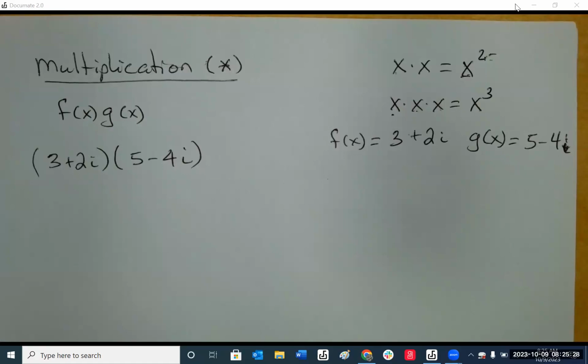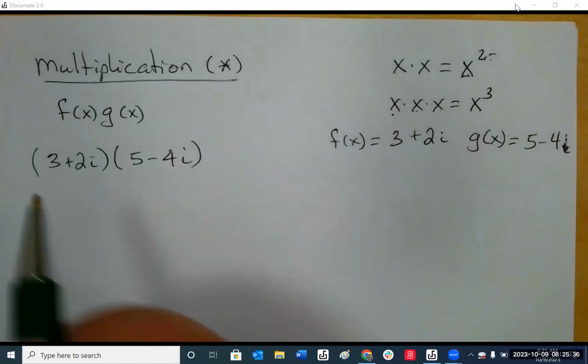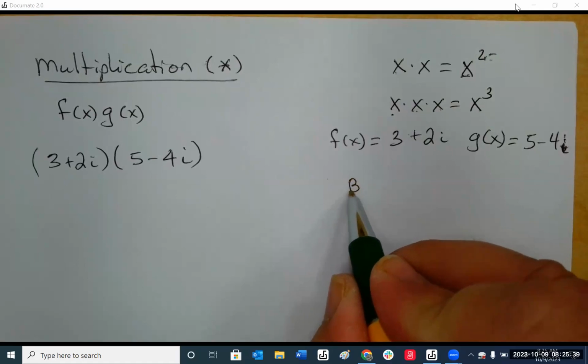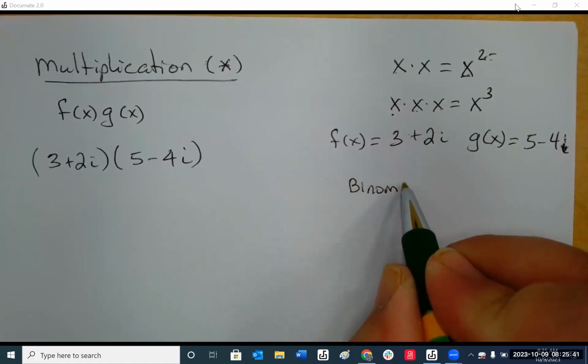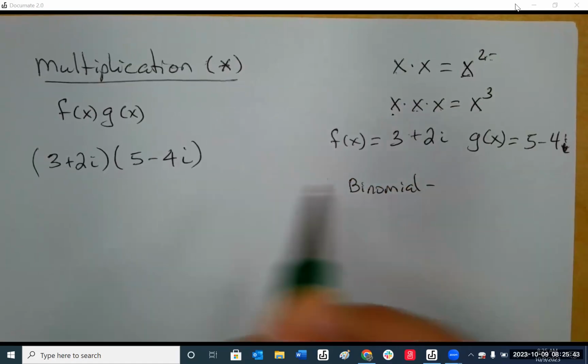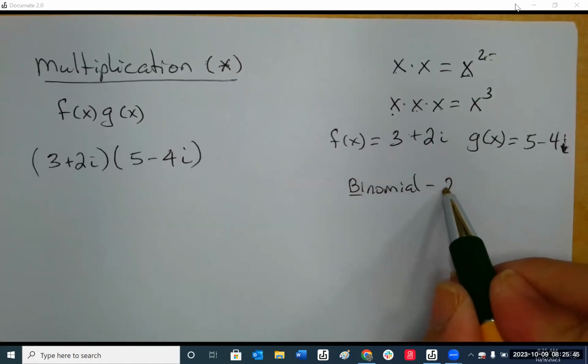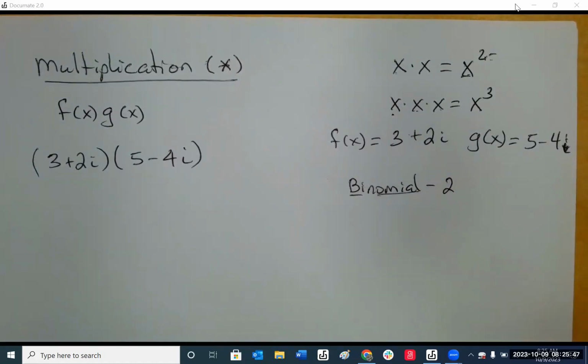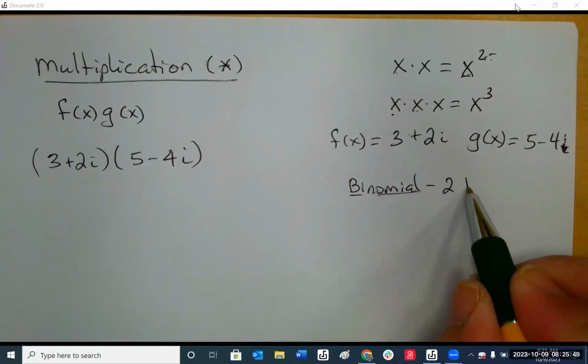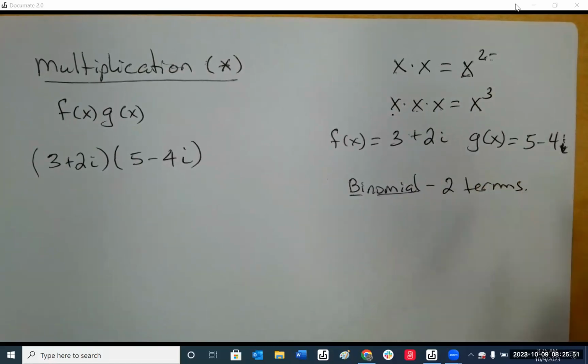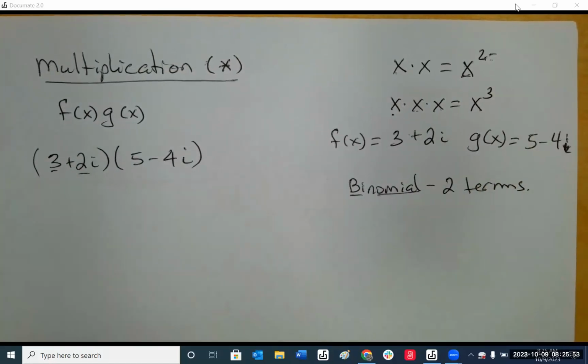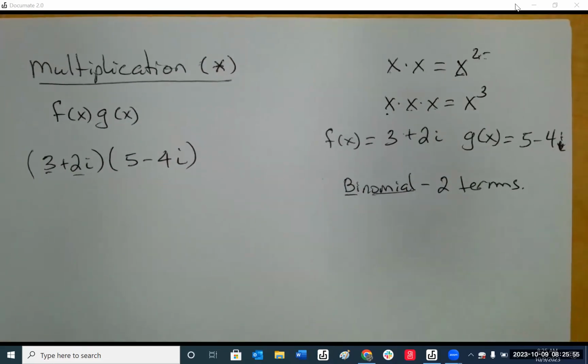Again, they introduce this stuff before they actually introduce it to you. These are called binomials. Bi means two, nomial pretty much means terms. 2 terms. That and that. Remember, a term is anything separated by plus or minus or equals.